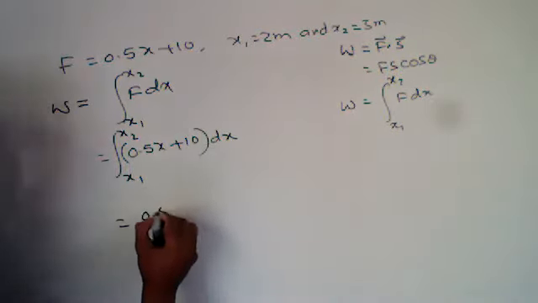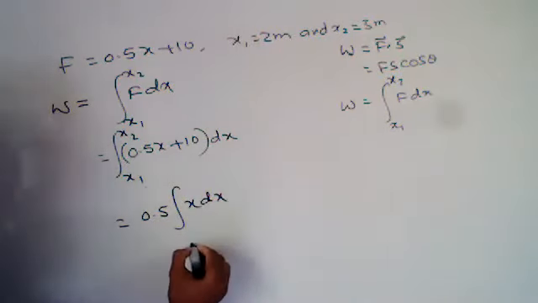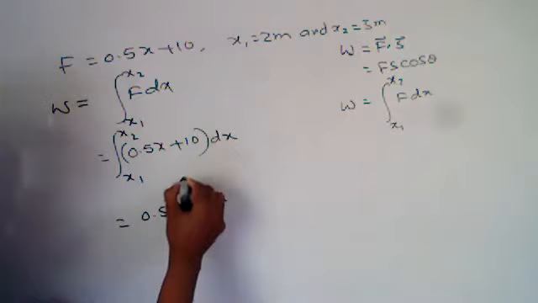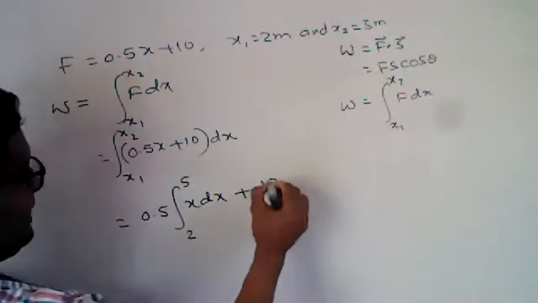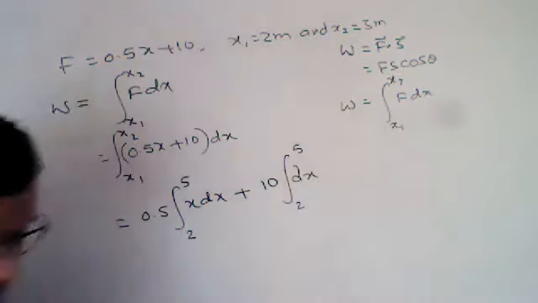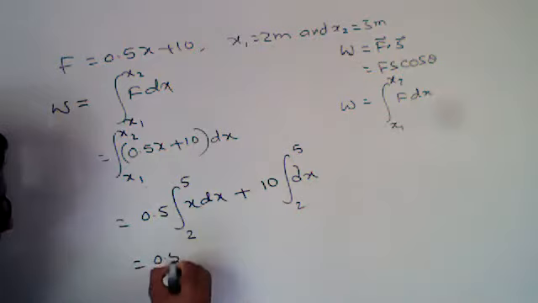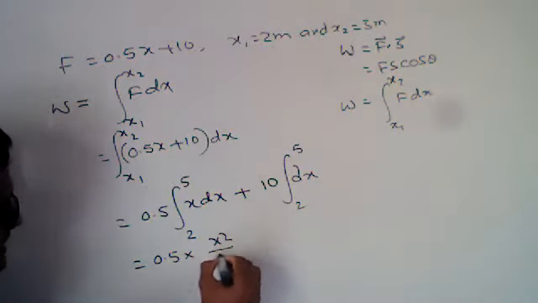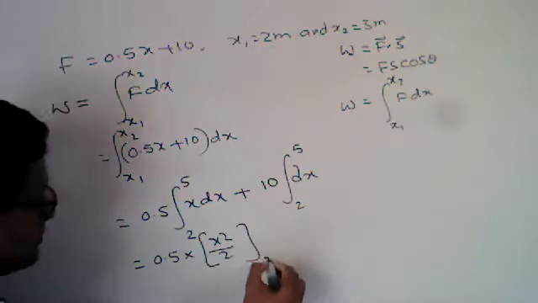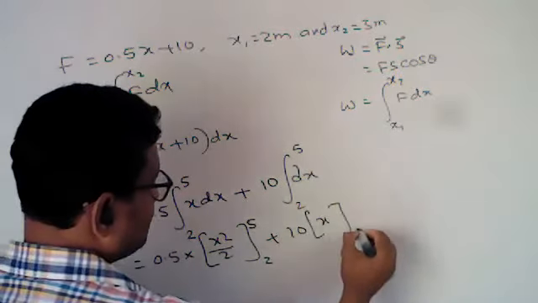So 0.5 times the integration of x dx from 2 to 5, plus 10 times the integration of dx from 2 to 5. So it will be 0.5 into x square by 2 from 2 to 5, plus 10x from 2 to 5.